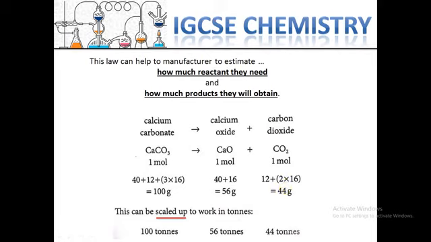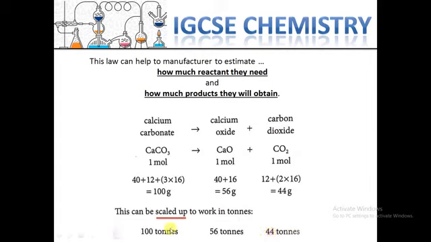So in this case we can extend the amounts to tons just using the same ratio. 100 grams can be used as 100 tons, 56 grams can be estimated as 56 tons, and 44 grams can be expected as 44 tons.